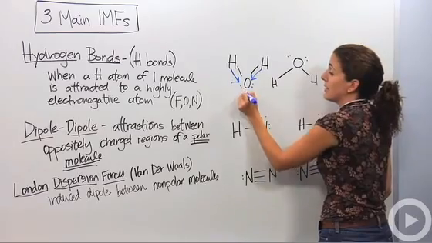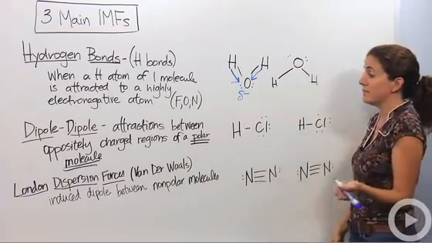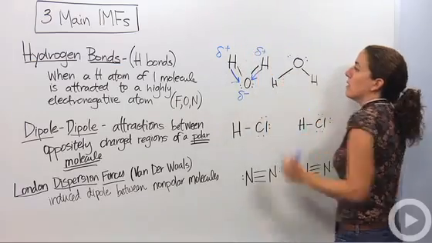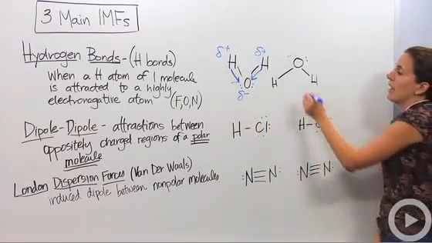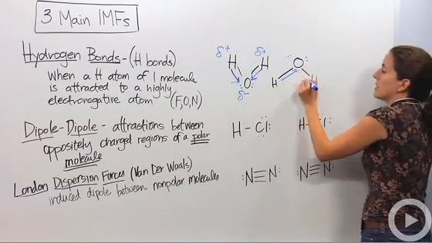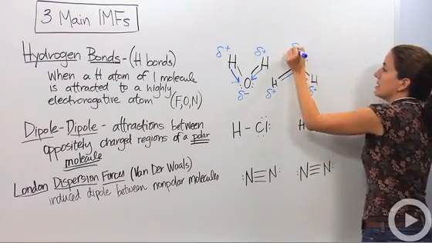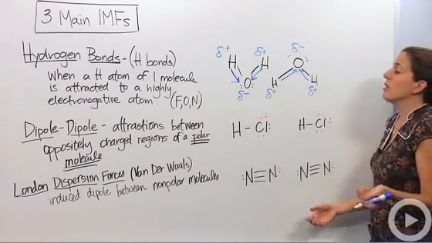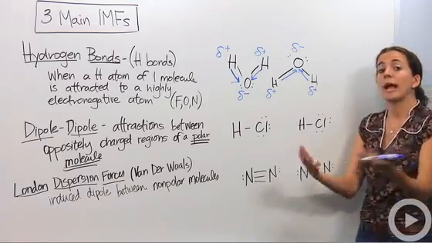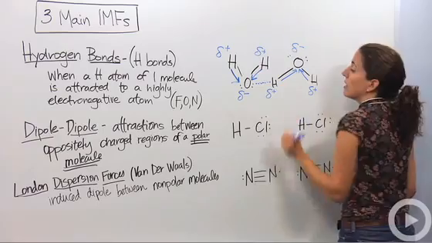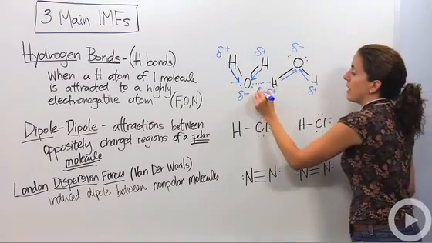So the oxygen is going to be slightly negative, which we denote with a delta minus charge, and the hydrogens are going to be slightly positive. The same goes for the other molecule. Negative and positive charges attract each other, so we're going to have a very strong attraction here. This is our H bond.